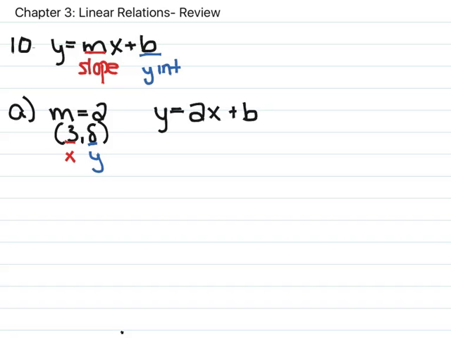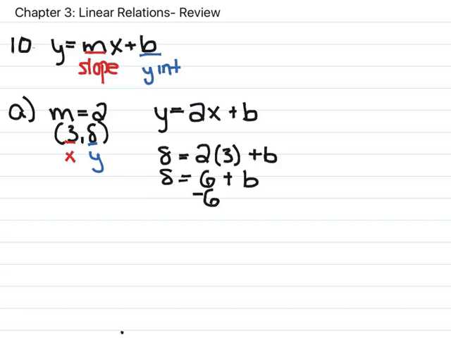You still don't know what b is, but you have values for x and y. So 8 equals 2 times 3 plus b. 8 is equal to 6 plus b, so you subtract 6 from both sides. 8 minus 6 is 2, 6 minus 6 is 0 plus b, so 2 is equal to b.